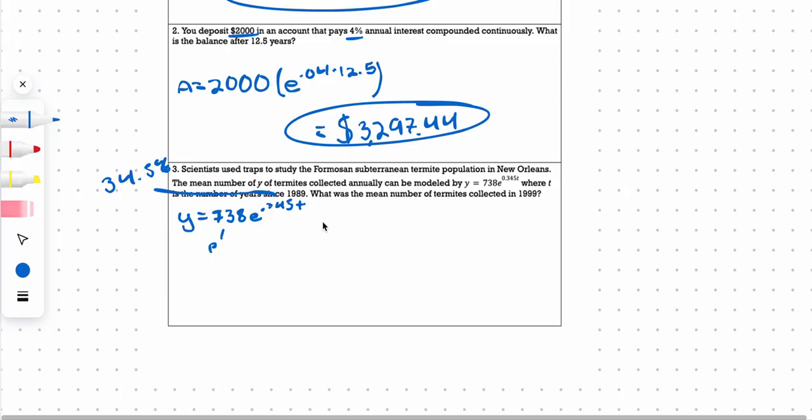And so we're given the time, and we want to find this Y, right? Well, we're not explicitly given the time. We have to find the time. The way we do that is we have 1999 minus when do we start? 1989. And so we find out this is 10 years.